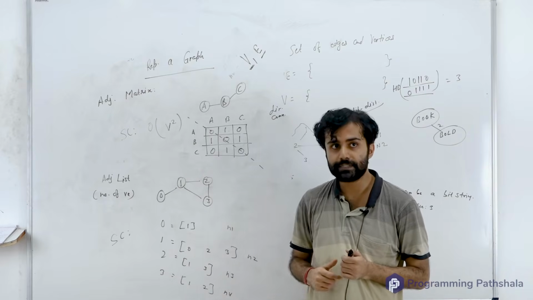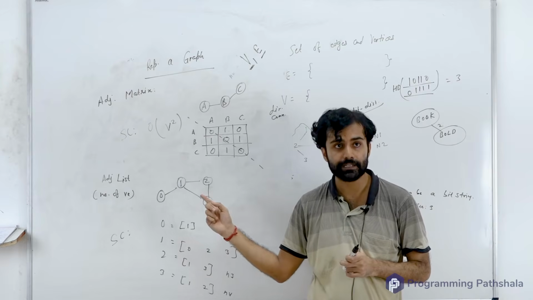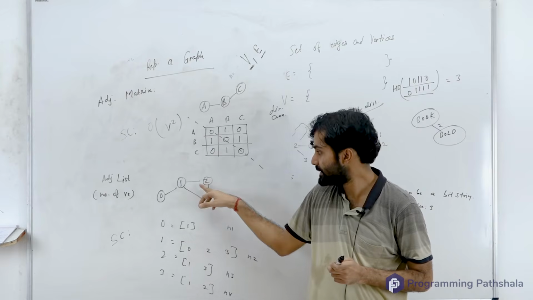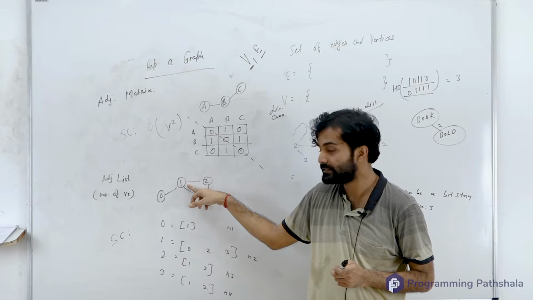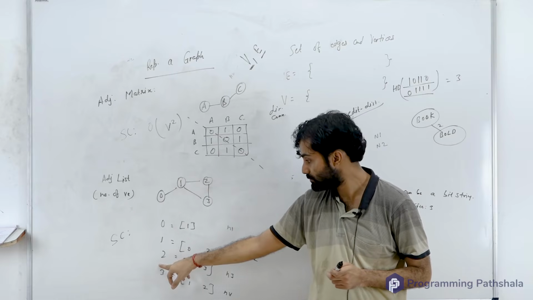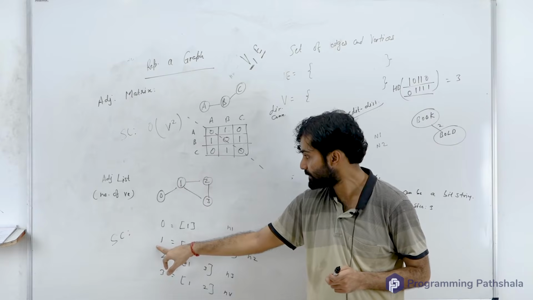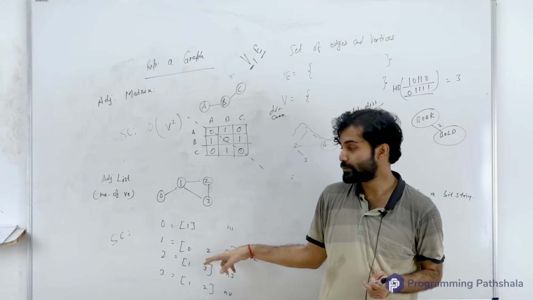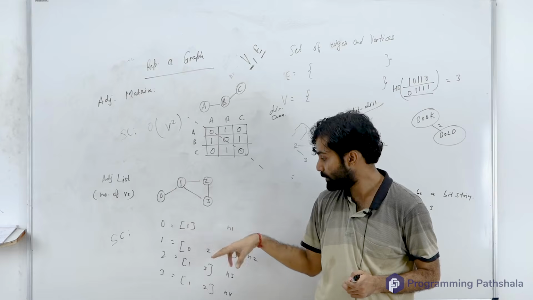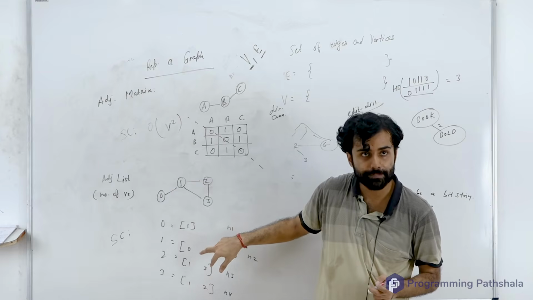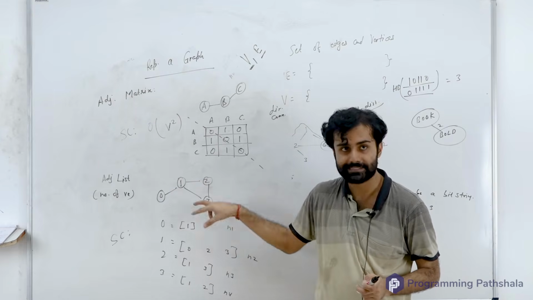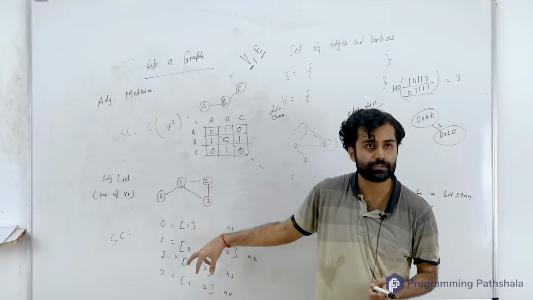But an important thing to understand here is that the edge is an undirected edge. So this edge will be there in the adjacency list of 2 as 1, and this edge will be there in the adjacency list of 1 also as 2. So every edge is accounting for 2 elements in the adjacency lists of 2 vertices.